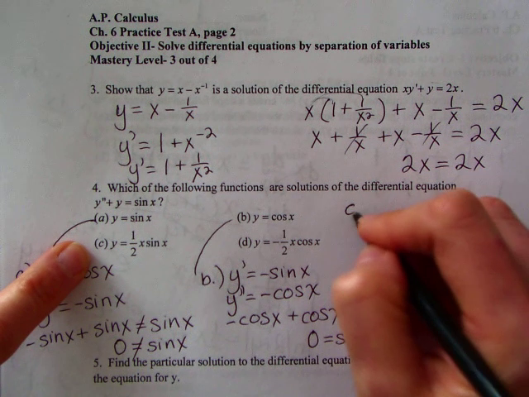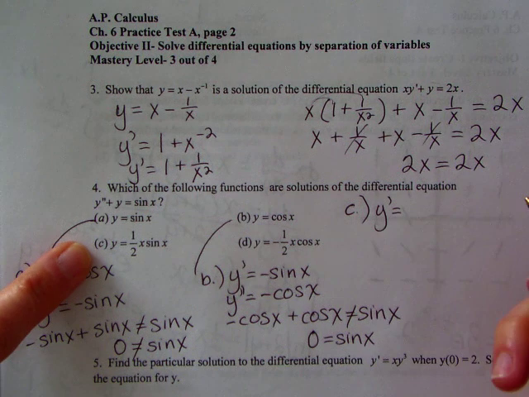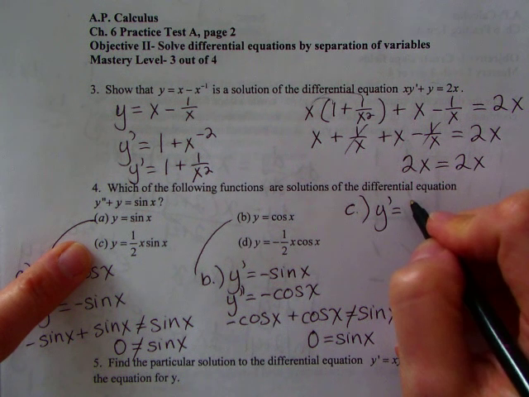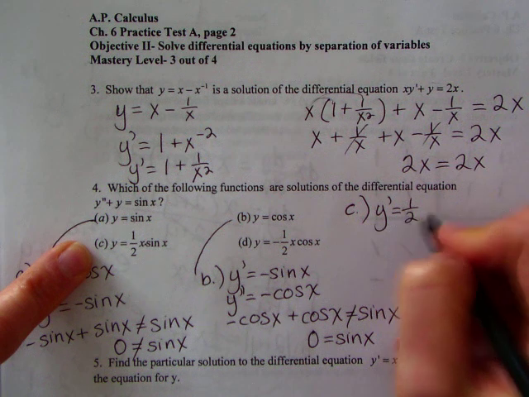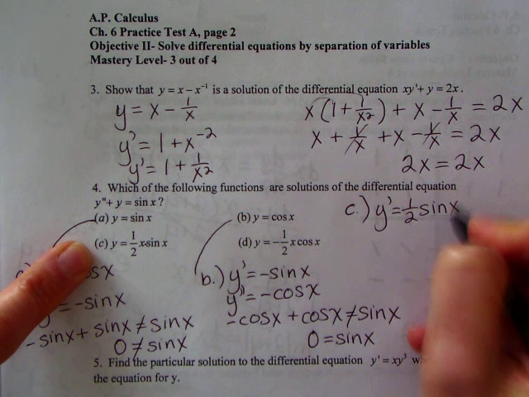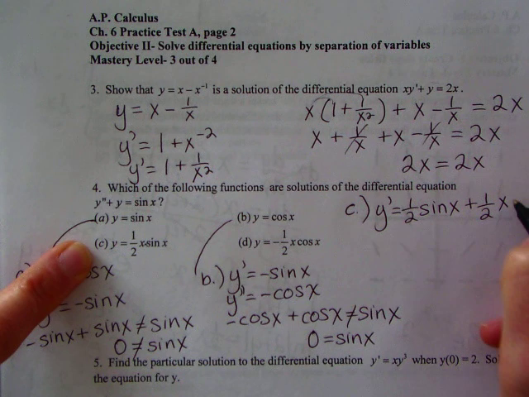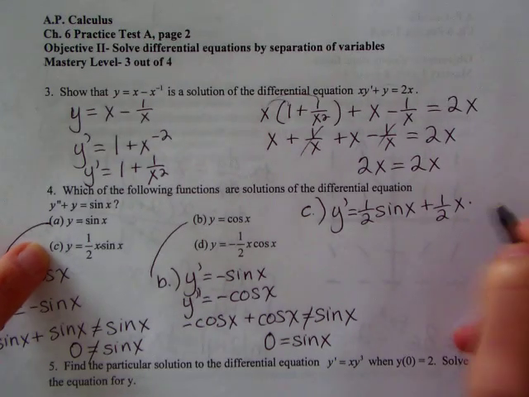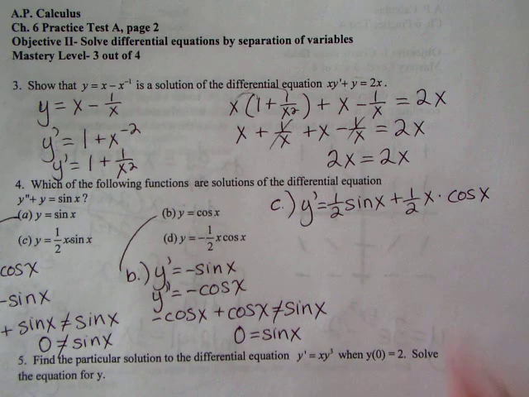C, y prime, we use the product rule here, would be the derivative of 1/2 x is 1/2, leave the sine alone, plus then leave the half x alone, and the derivative of the sine is the cosine of x. All right.